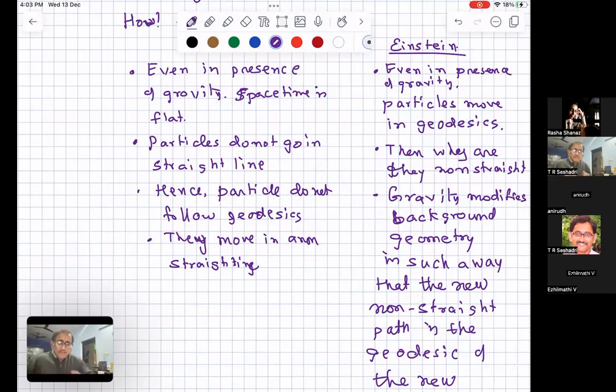But now I can't call them geodesics because I can't have the geometry for particle 1 and geometry for particle 2. The background geometry has to be universal and valid for all particles. So for making gravity geometrical, all particles should go in the same geodesic, and that is possible only when the path of particles is independent of mass.